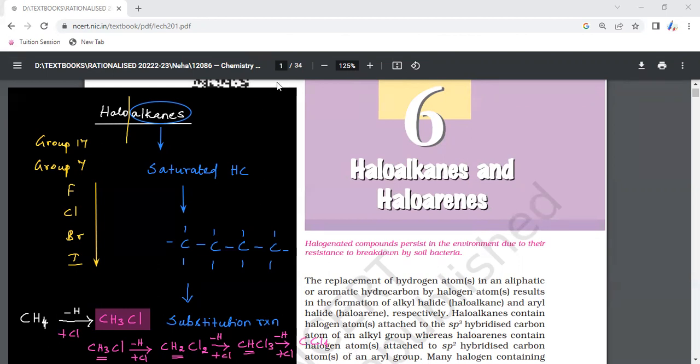So here we have 4 halo compounds which were given by alkane: chloromethane, dichloromethane, trichloromethane, tetrachloromethane.